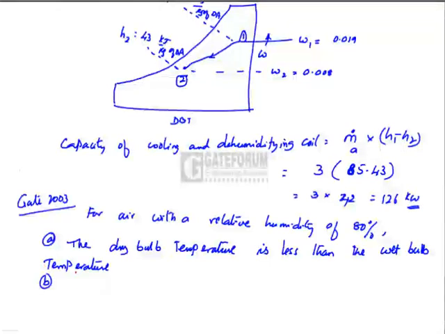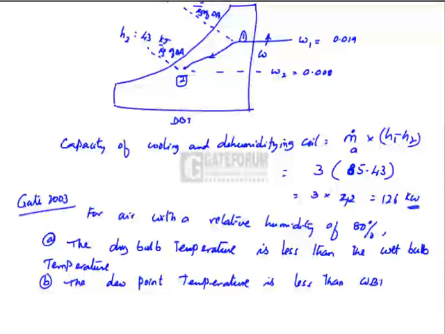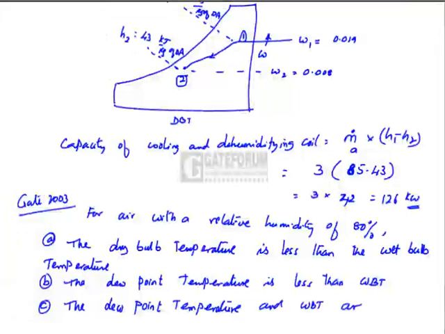B, the dew point temperature is less than wet bulb temperature. C, the dew point temperature and WBT are equal.